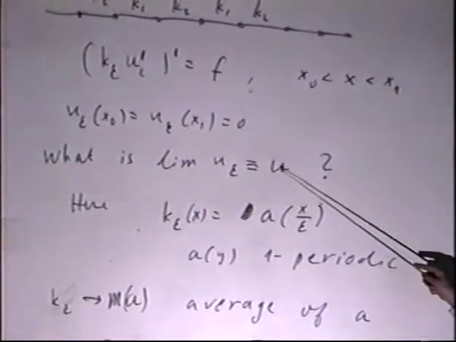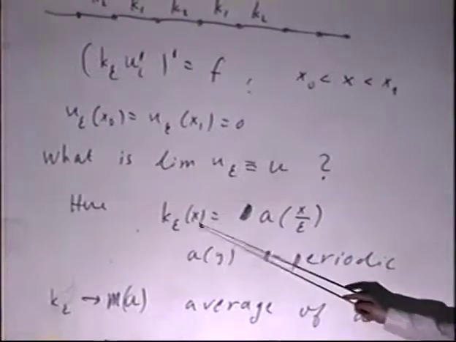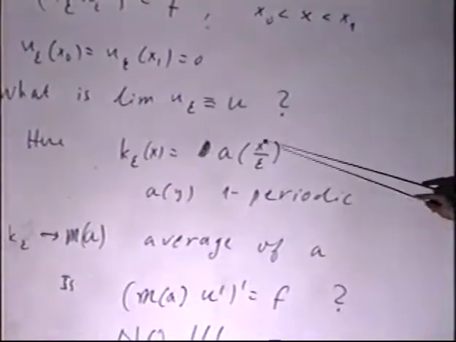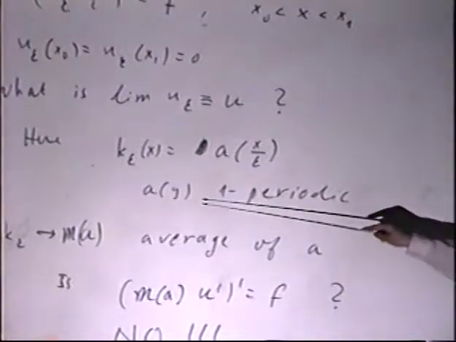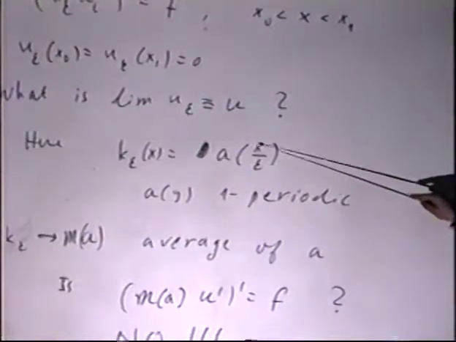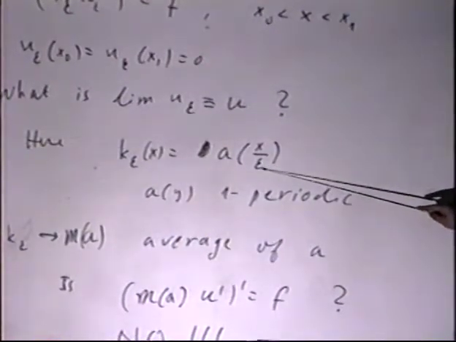So a good guess might be that you look at this function K sub epsilon, which is a periodic function of period epsilon. So A of y is one periodic, and you can write it as A of x over epsilon to make the period of size epsilon.